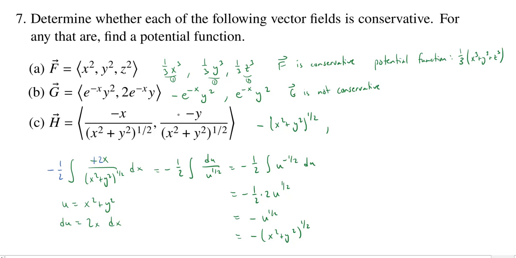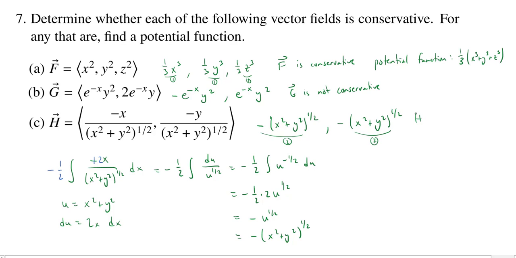Okay, well, the exact same argument is going to work in the second component, right? We're just replacing the x and the y, but it's completely symmetric in the bottom. So an antiderivative is again going to be negative x squared plus y squared to the 1/2. So each one of these you see has two variables, an x and a y, but this time it actually shows up 2 times.